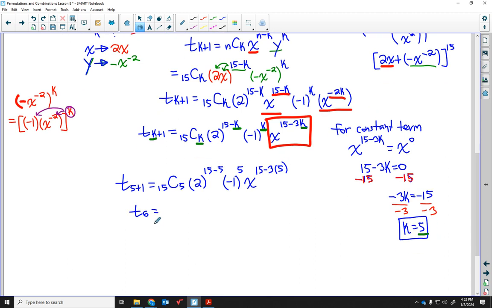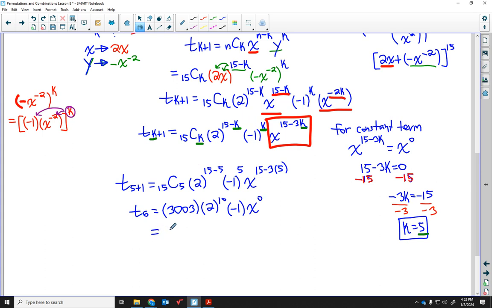So 15 choose 5 is equal to, I believe, 3003. So we have 3003. Okay, then we have 2 to the power of 10. Negative 1 to an odd exponent is going to be a negative number. And then this is going to be 15 minus 15, which is x to the power of 0.